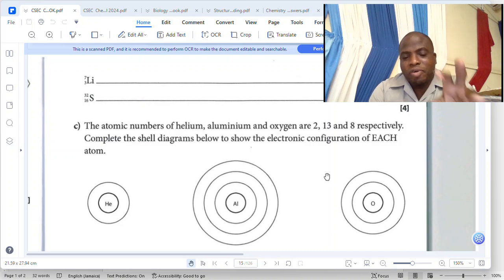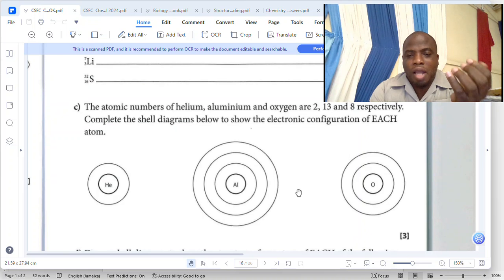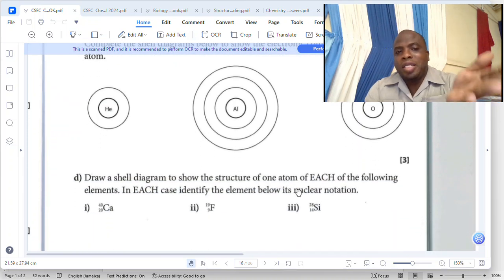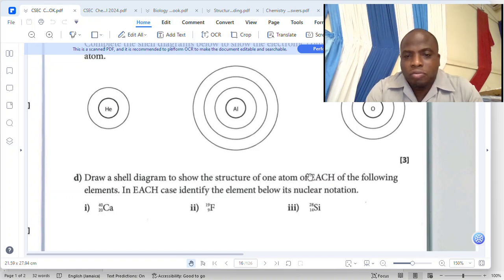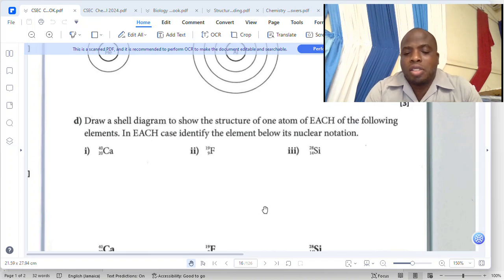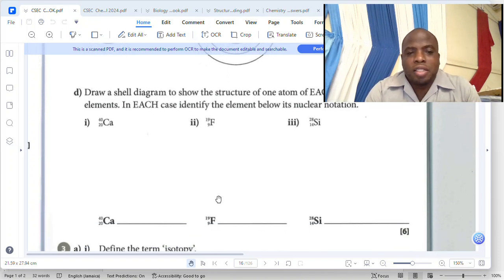Now, as I said before, CSEC for bonding and structure, that is what they would want. So these were drawn for you. If you have the workbook, you are going to draw the circles and the energy shells, the energy levels, for these. You're also going to identify, in each case, the element below its nuclear notation.